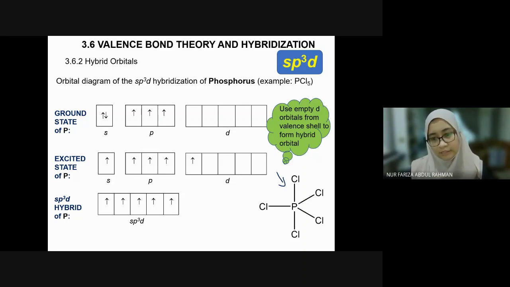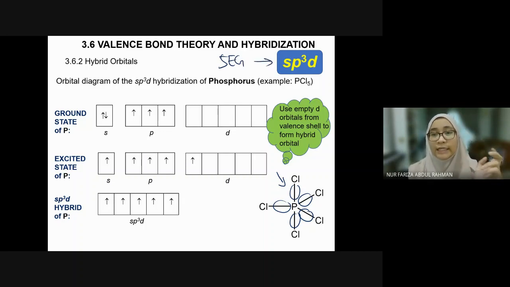From the Lewis structure, we are going to determine the type of hybridization based on the number of electron groups present on the center, in this case phosphorus. So we have 1, 2, 3, 4, 5, which is 5 electron groups. 5 electron groups is equal to sp3d.